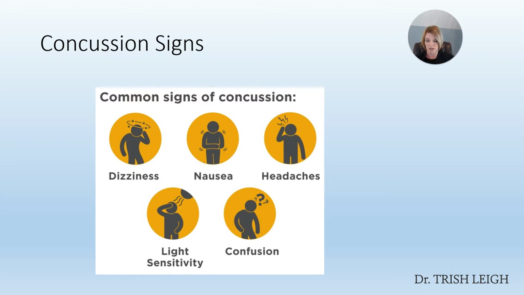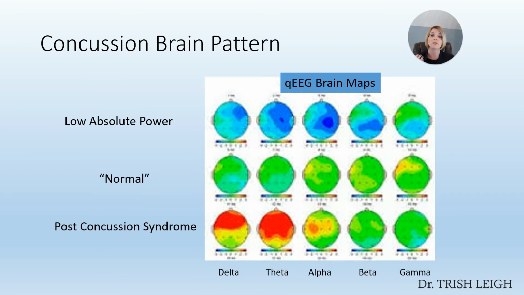It's just like if you break your leg and you never have it x-rayed and have a cast put on it and it heals itself, it can heal itself improperly and you will consistently have a problem with your leg. That is what happens in concussion when you don't have a QEEG brain map to know what's going on in there, and you don't have neurofeedback training, which is the only thing that can improve the way that the brain uses speed. Okay, so this is what a QEEG brain map brain pattern of a concussion looks like.